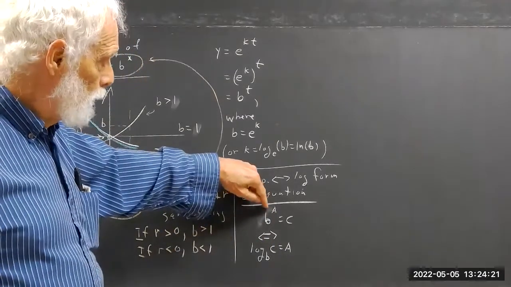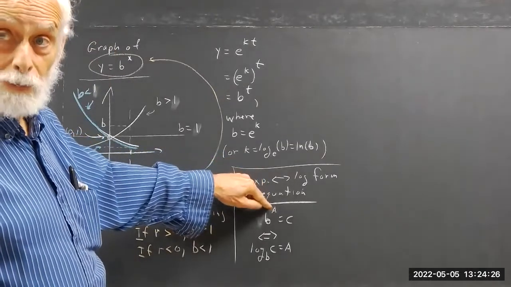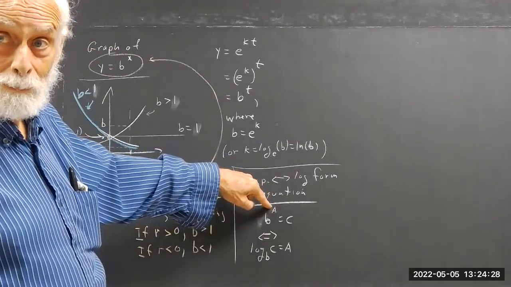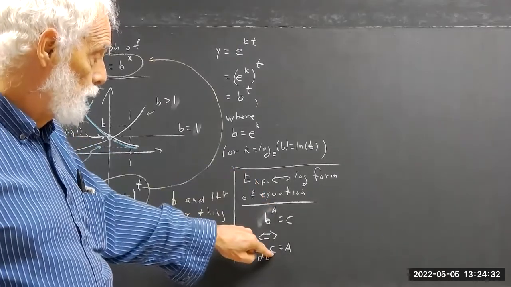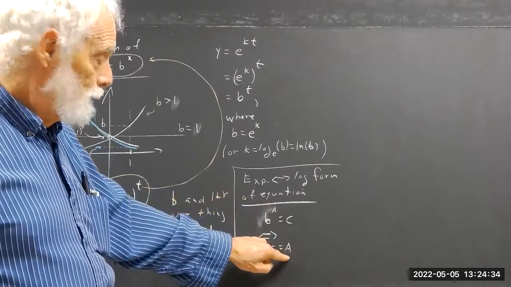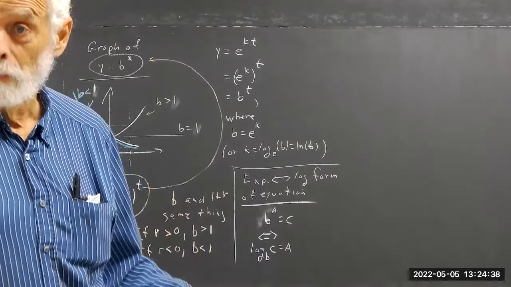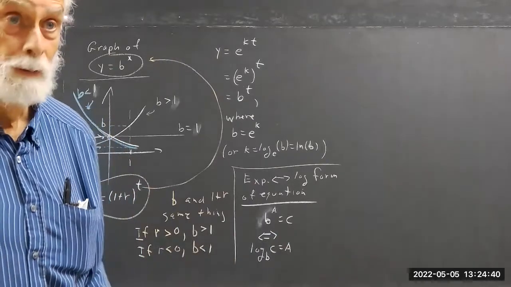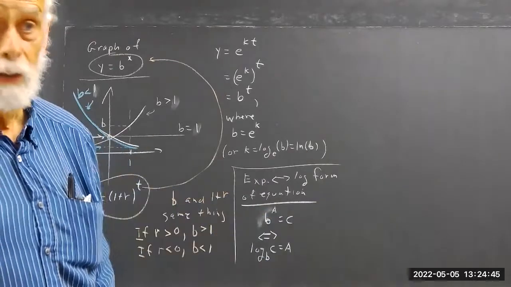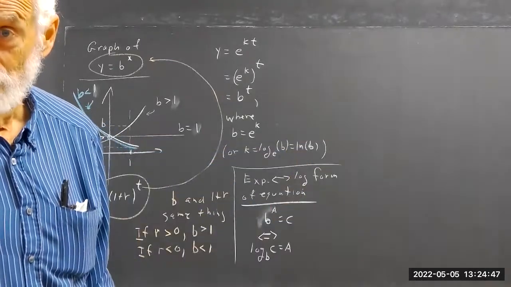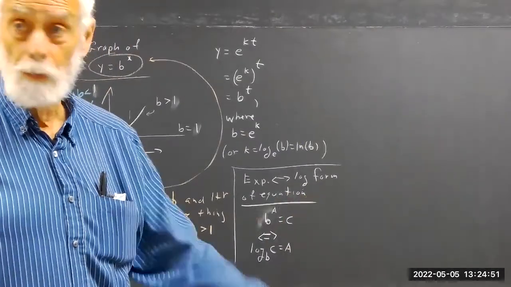So if you have an equation like this, where let's say you're trying to solve for X and X is up here in the exponent, you can't do anything with it, but if you change it to this form, your A contains your X, and now you just have an equation that hopefully you can do something with. Now we've done a lot with that. Spent a lot of time reversing one equation to another, and then your assignment had many, many examples of that, where you probably just started mechanically doing it without thinking about it.